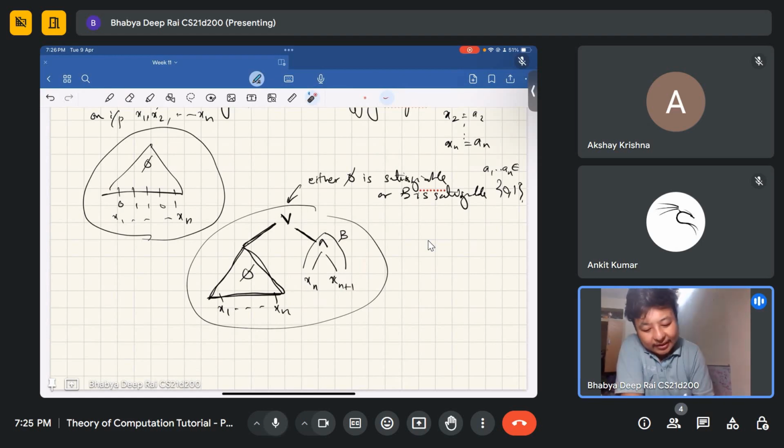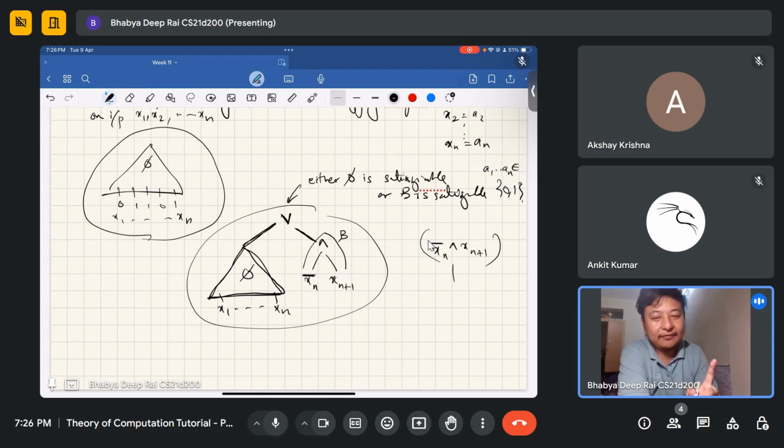How do I achieve that? I'll make one of them a complement, and that's it. Why will this work? Let's look at xn bar and xn plus 1. How many satisfying assignments does it have? It has exactly two satisfying assignments. What are those satisfying assignments?